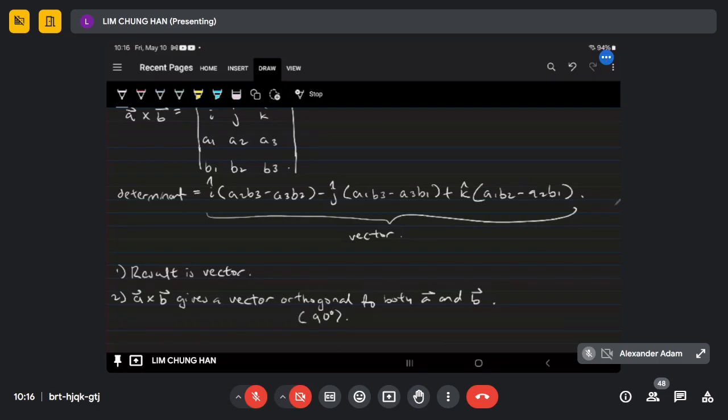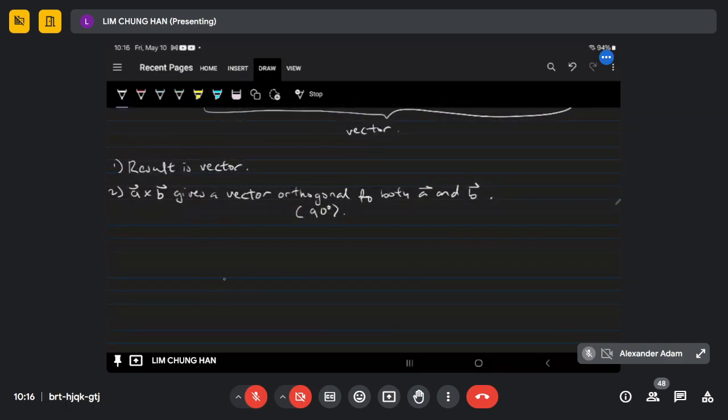So what that means is imagine 3D space. You have a vector A, you have a vector B. If you cross product these two vectors together, what you're going to get is one vector that is orthogonal, 90 degrees, to both these vectors.